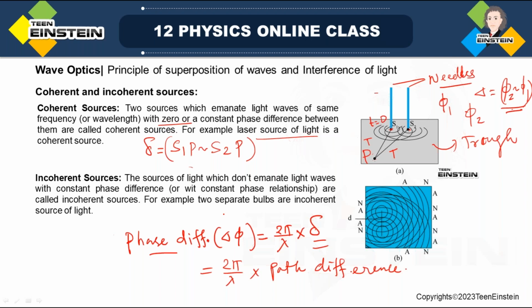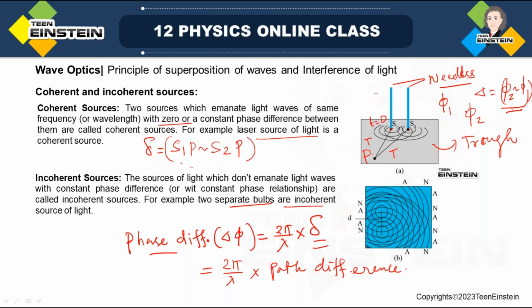Two tubes, sun rays, etc., are all incoherent sources of light. Sources that do not produce waves with a constant phase relationship are called incoherent sources, like any two separate bulbs.